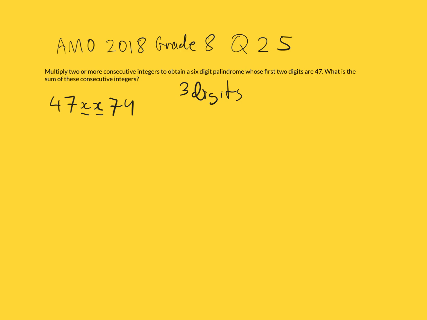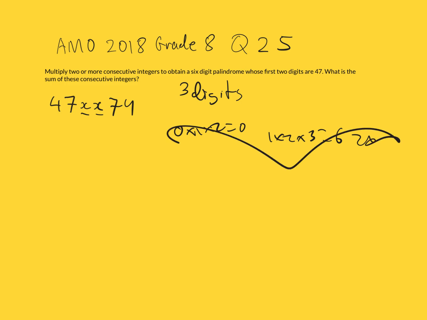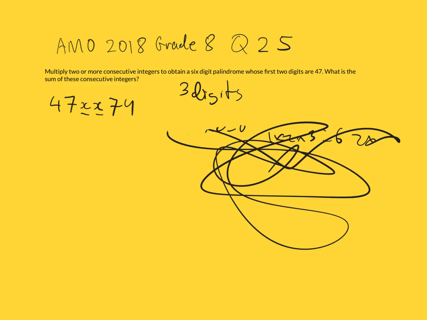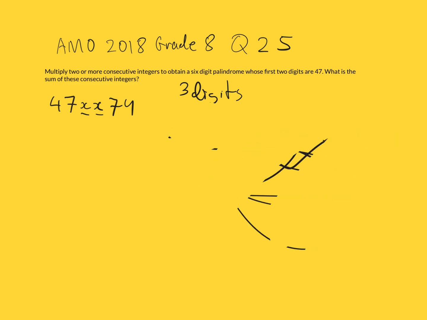If we do the same thing, 0 times 1 times 2 equals 0. 1 times 2 times 3 equals 6. 2 times 3... We get the ones that work are... let's see... 2 times 3 times 4... and 7 times 8 times 9.